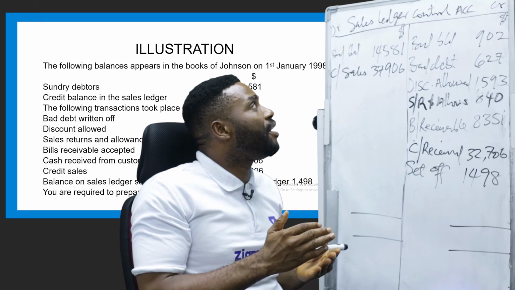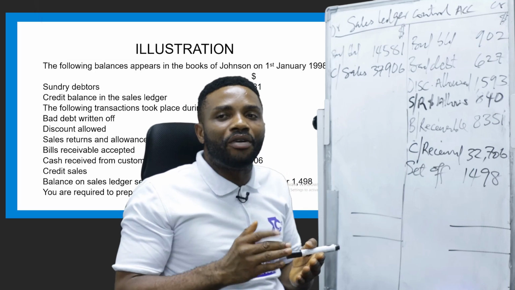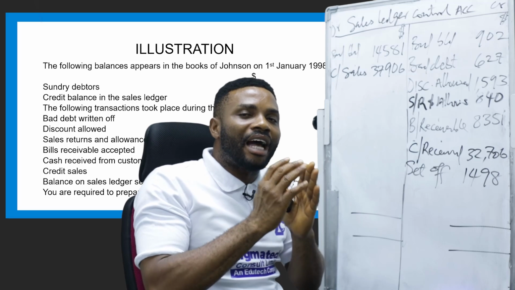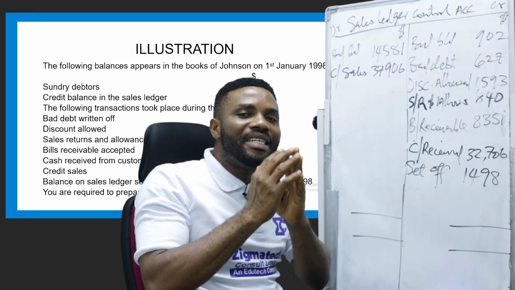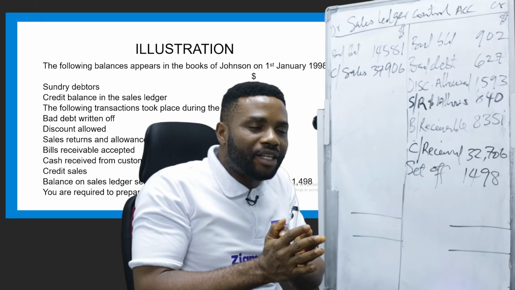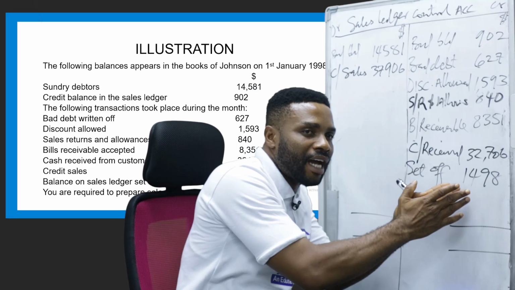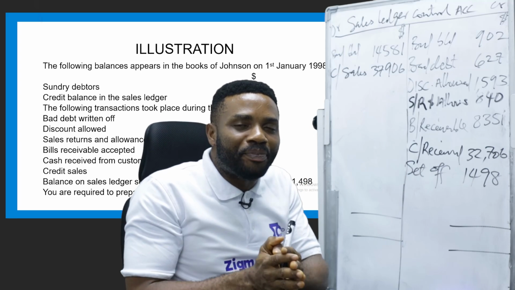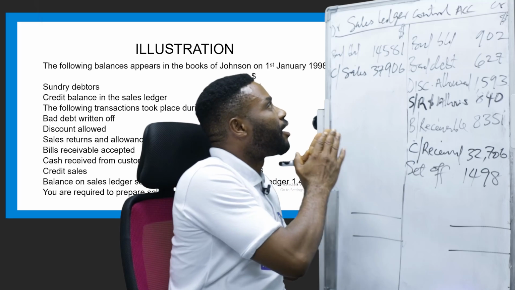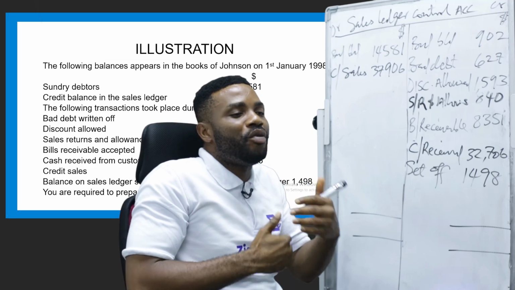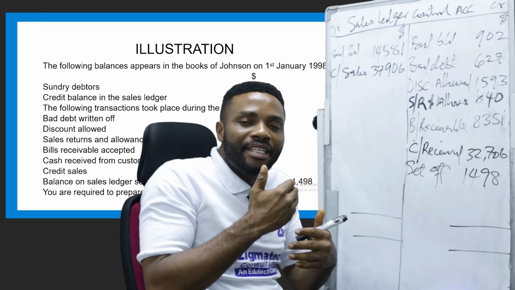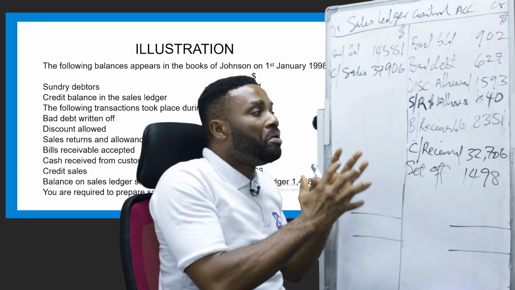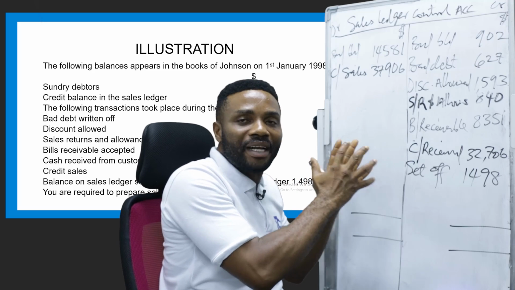Whenever you are preparing sales ledger control account, number one, everything that will reduce the indebtedness of our customers will be on the credit side. Number two, everything that will increase their indebtedness will be on the debit side. Anywhere you are, you can be reciting this until it becomes part and parcel of you. That's how to master this particular account.